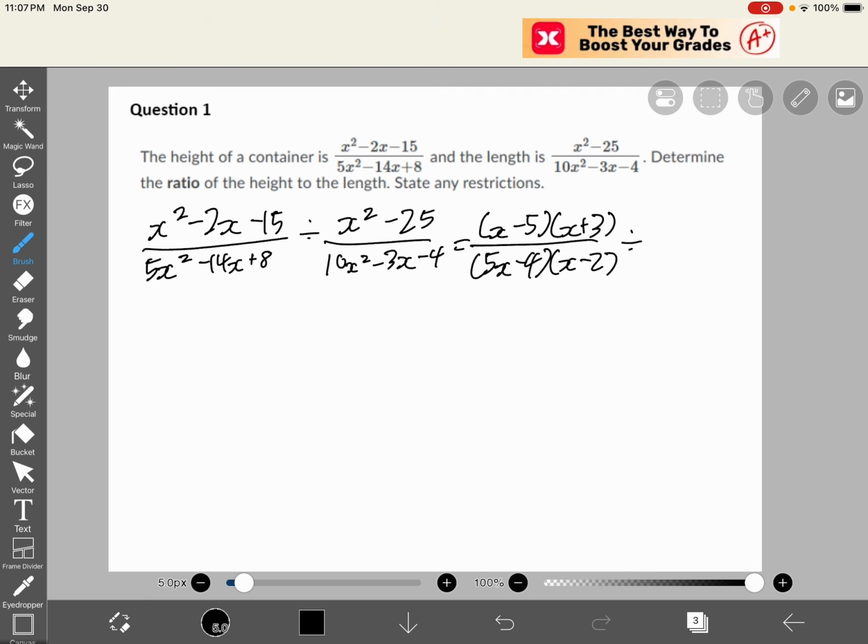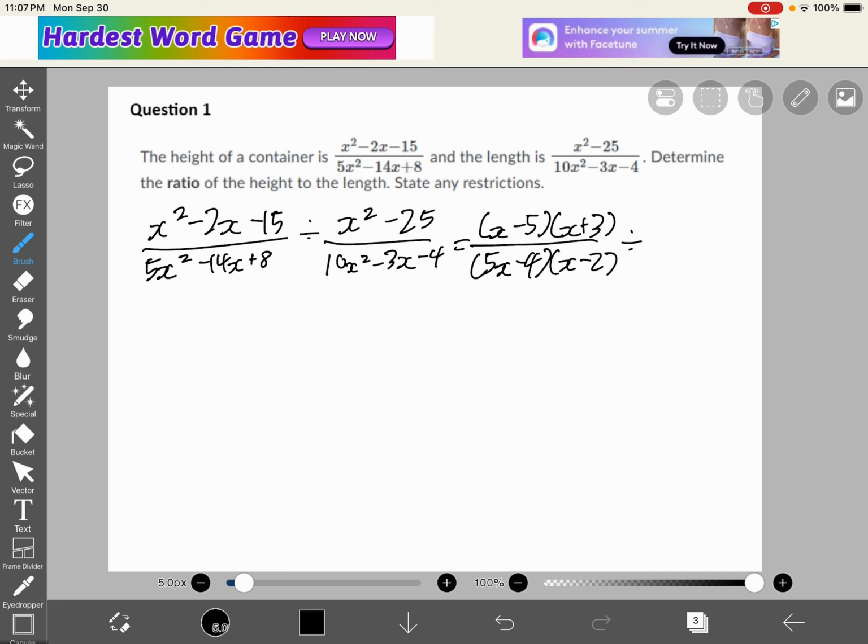Then we divide by the other one, simplified as well into x plus 5 and x minus 5 using the difference of two squares.